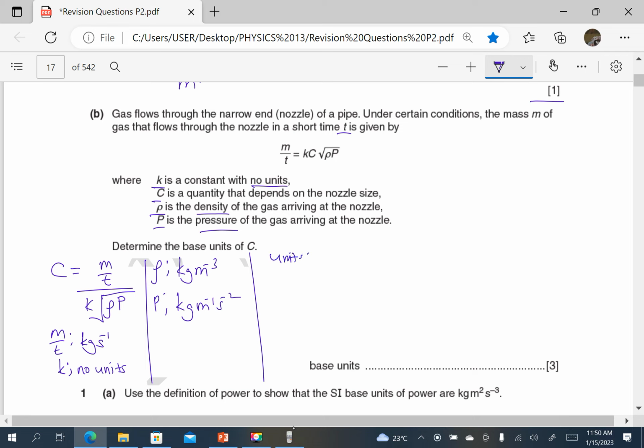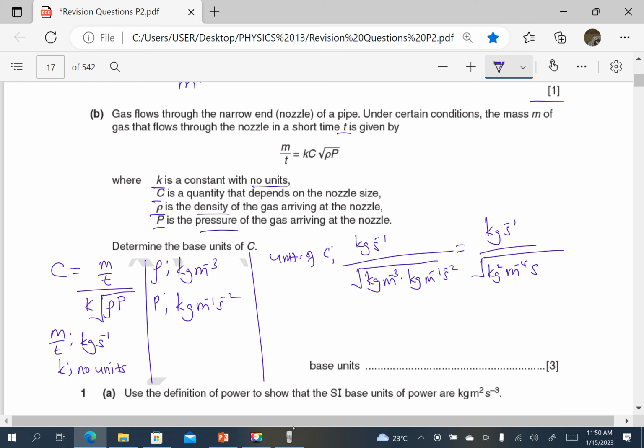The units of C, we have m over t, which is kilogram per second, divided by K, no units, I will ignore it, divided by the square root of kilogram per meter cubed times kilogram per meter per second squared, which is kilogram per second divided by square root of kilogram squared, m power -3 times m power -1, that is m power -4, s power -2.